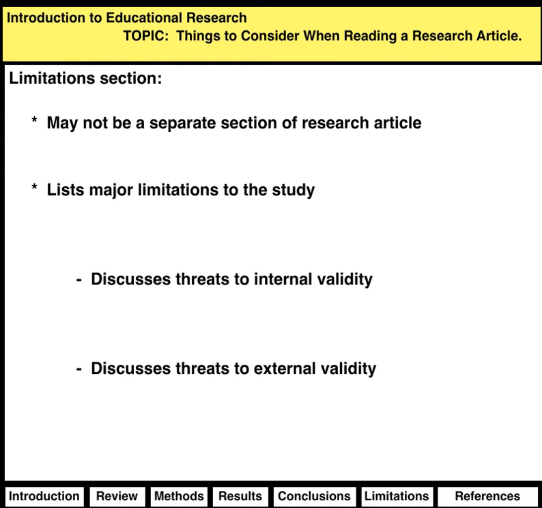Many times the limitations are included in the discussion or conclusion section. Our research article does not have a separate section called limitations, so you won't need to read it. But ask yourself, did the researchers discuss any limitations of the study? And if they did not, this is generally not a very good sign.